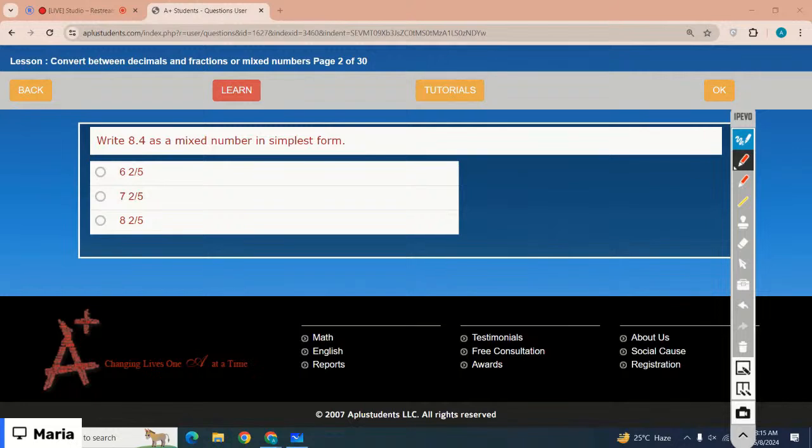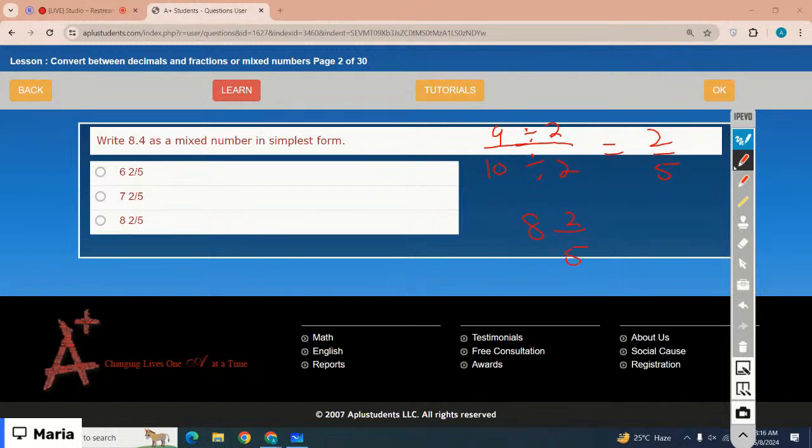8, 0.4. When you remove the decimal point, that would be 4 out of 10, right? And when you convert 4 by 10 into simplest form, you have to divide by the greatest common number, that is 2, giving 2 over 5. So the answer is 8 whole 2 over 5.